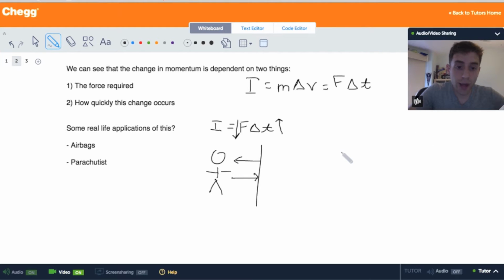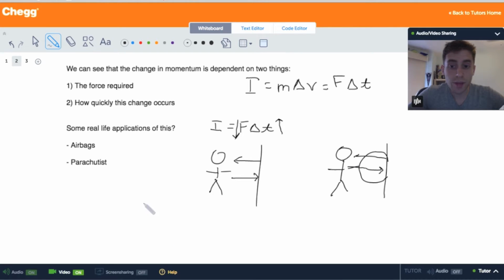But when the airbag is there, it slows the process down. So the change in time that occurs to cause this change in momentum is greatly increased, which mitigates the force. It decreases the force that is required to cause this change in momentum because the time it takes is increased.